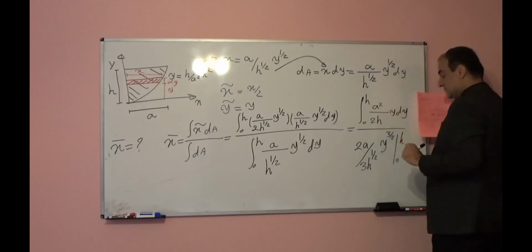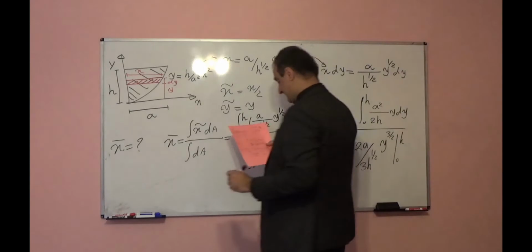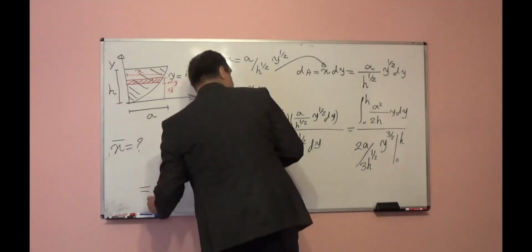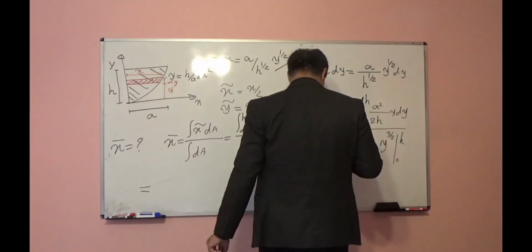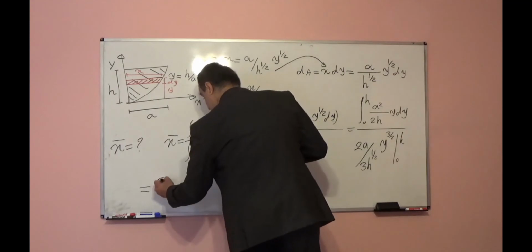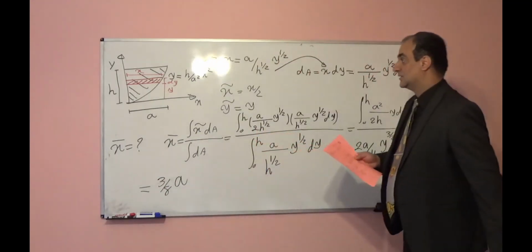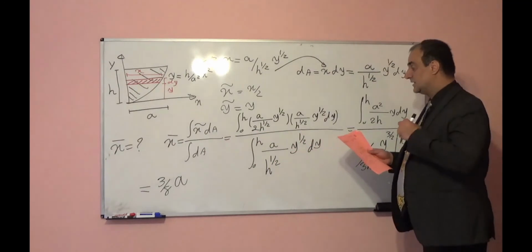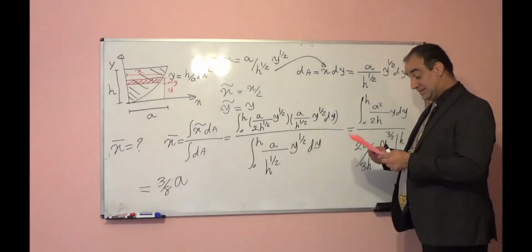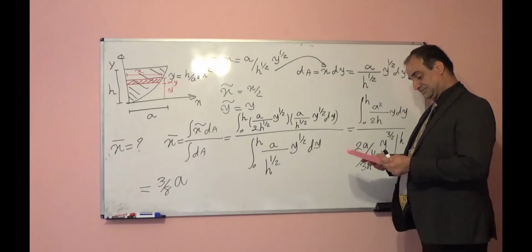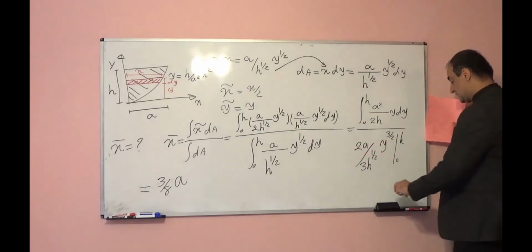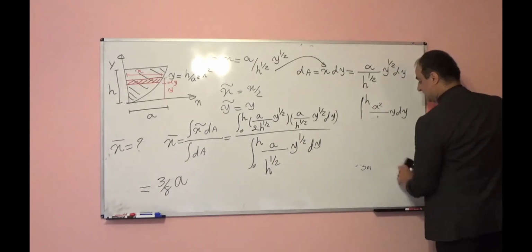So from here, if I plug it and integrate it, I will end up with 3 over 8 a. So x bar will be equal to 3 over 8 a. Okay, let's look at the next example.